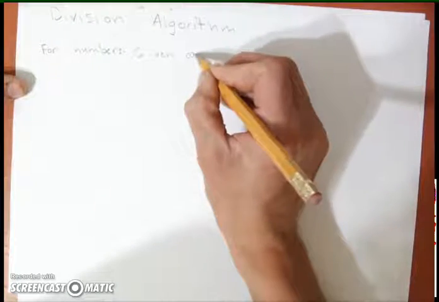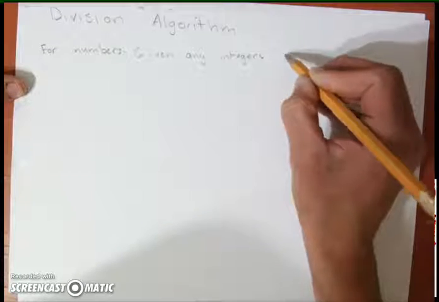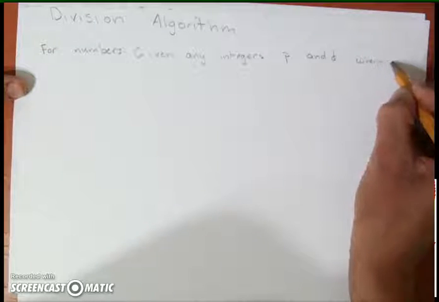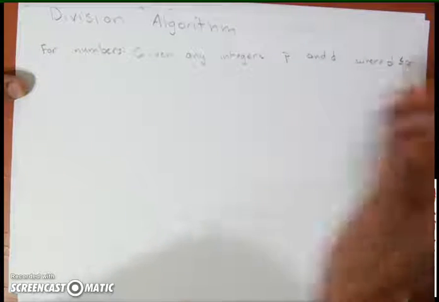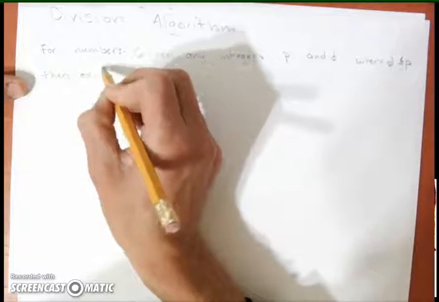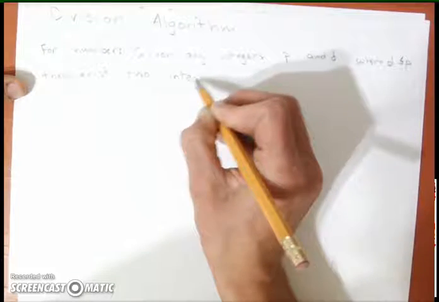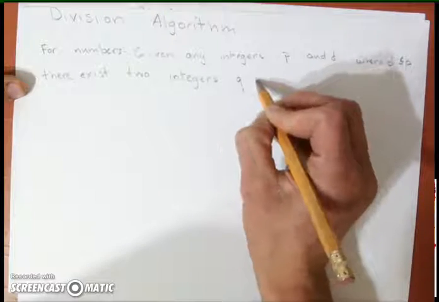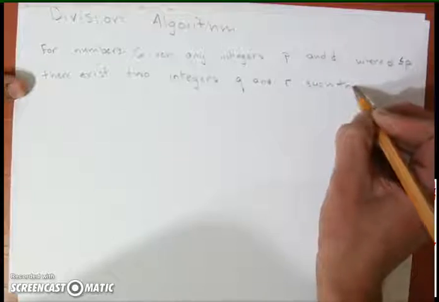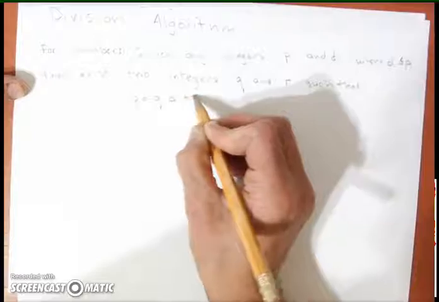Given any integers p and d, where d is less than or equal to p, there exist two integers q and r such that p equals q times d plus r.